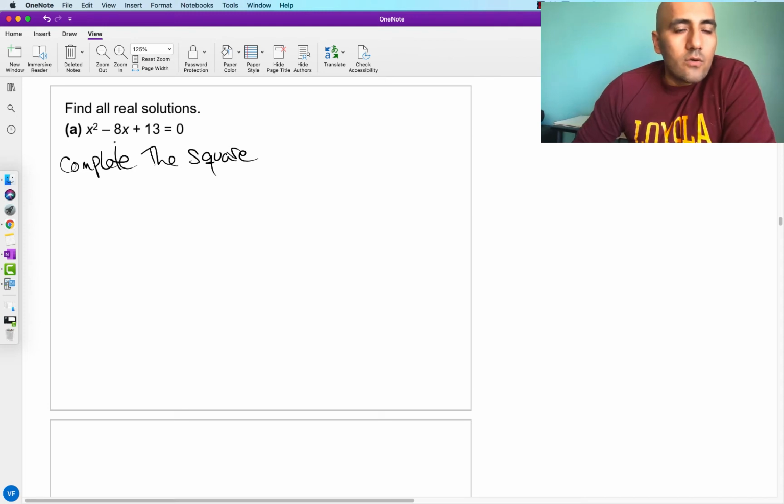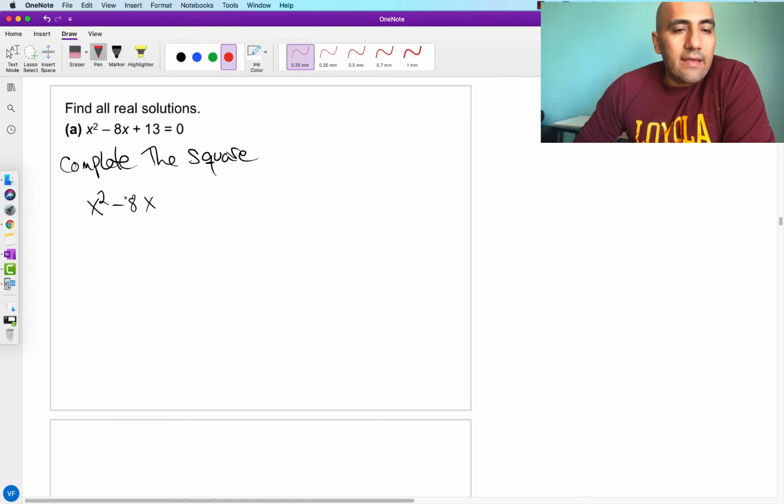Right? So what we want to do is add and subtract the perfect thing. Looking at my patterns, I have -8x. What I want to introduce is half of this. Let's just finish it: plus 13 equals 0. So I want to take this number there, including its sign, and half it.